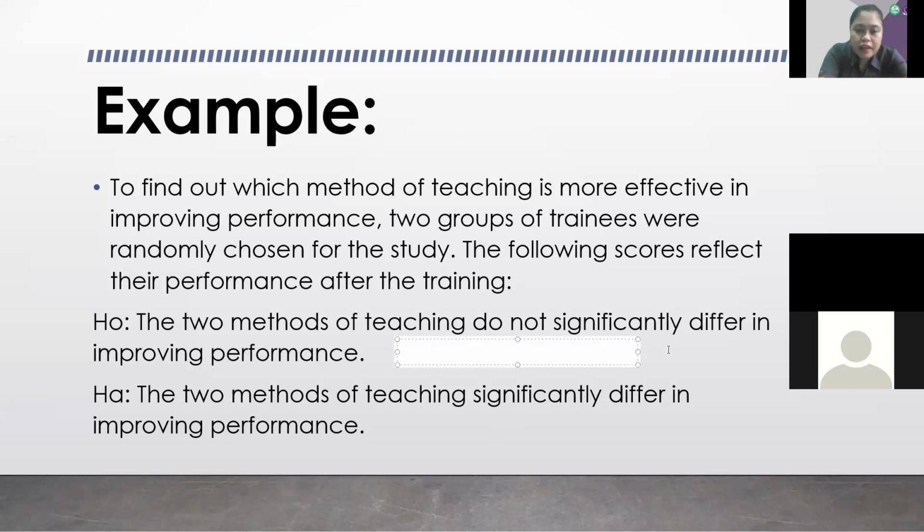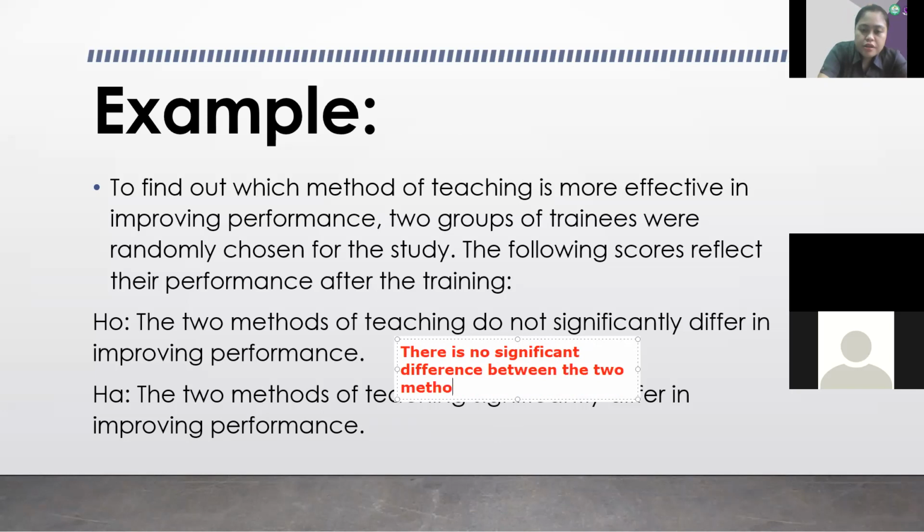Again, I'll type it on the screen. You can also state this just like this one. There is no significant difference between the 2 methods of teaching in improving the performance.